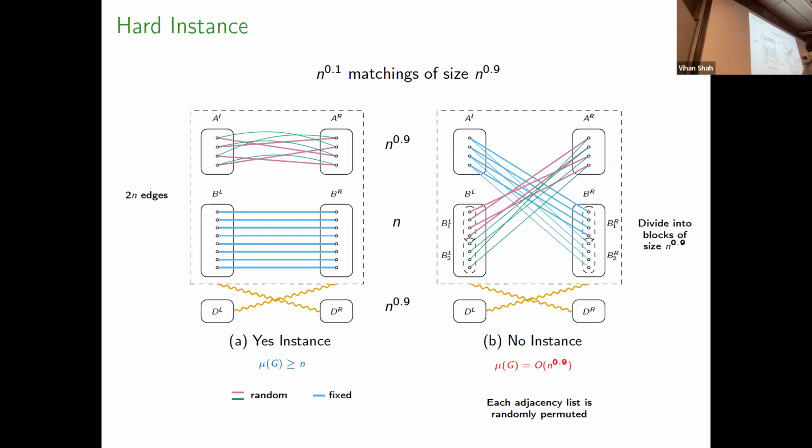So now you won't be able to use your algorithm, or even this algorithm of sampling random neighbors. If you sample one random neighbor per vertex, earlier you saw a matching of size n, but now you're just going to see a matching of size n to the 0.1.